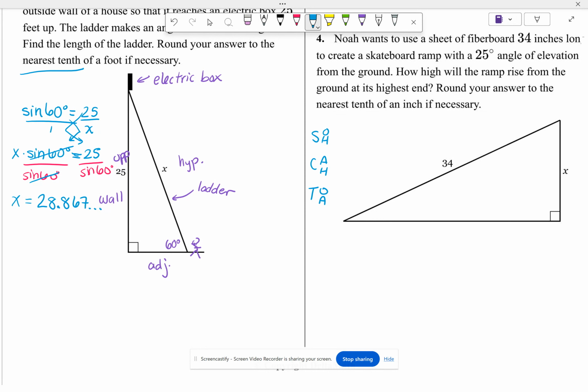So my response is going to be the ladder is, and I'm going to round this to 1 decimal place. So the 0.86, the 6 is going to round my 8 up into a 9. So 28.9 feet long.